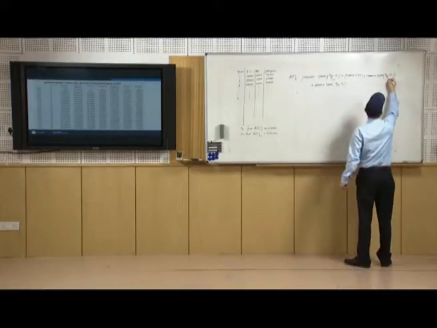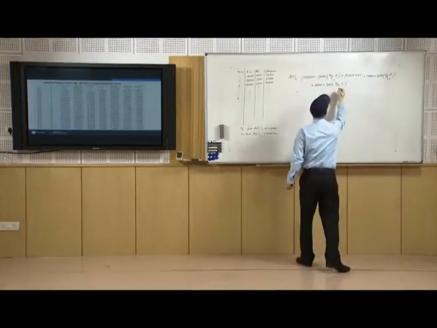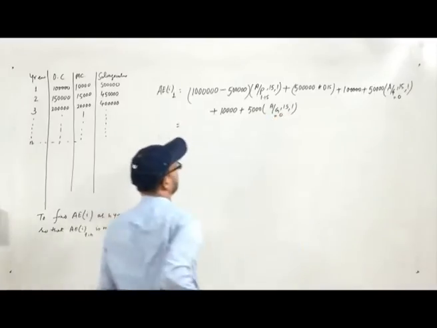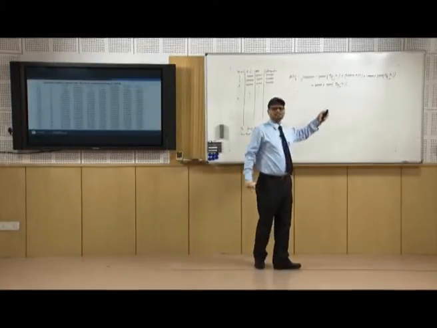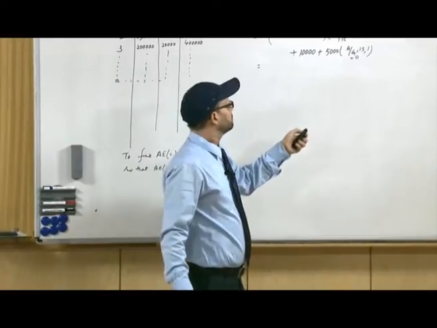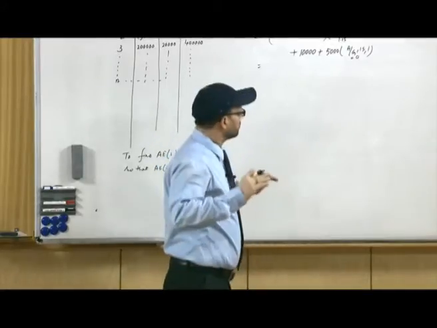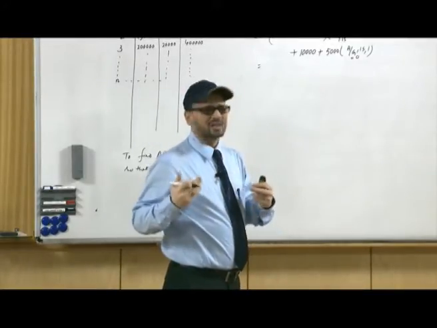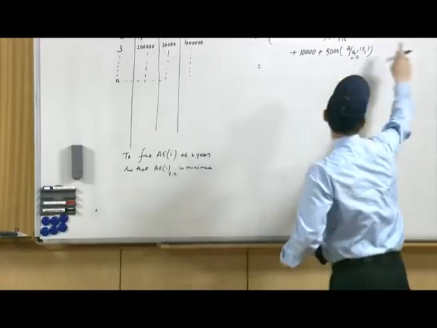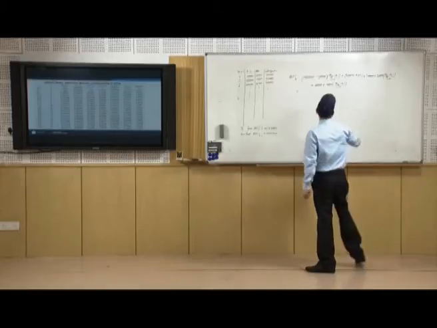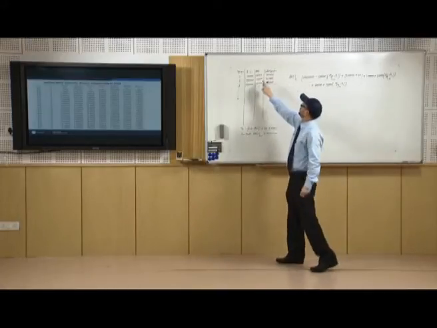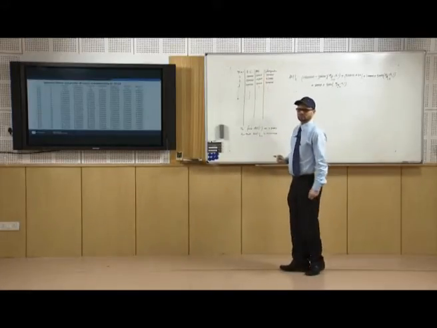A by G 15,1 will be 0, since this is the first year. This is very clear that in the first year you are only using 1 lakh as your operating cost and 10,000 as your maintenance cost.